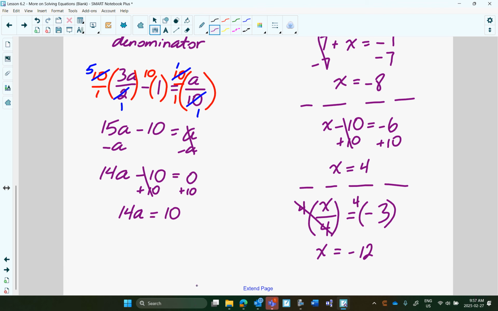And then divide both sides by 14. And I get a is equal to 10 over 14. Well, that can't divide cleanly. Leave it as a fraction, but make sure it's reduced. 5 over 7.